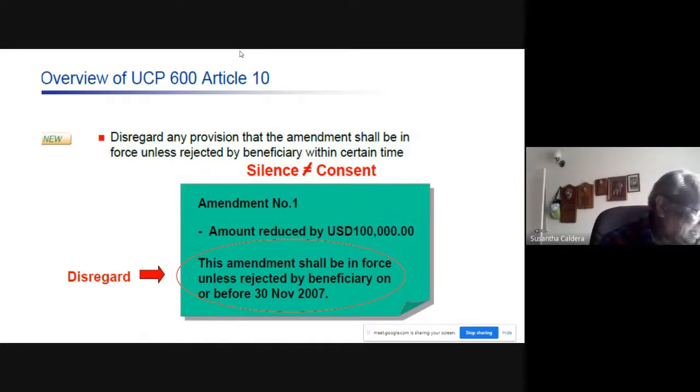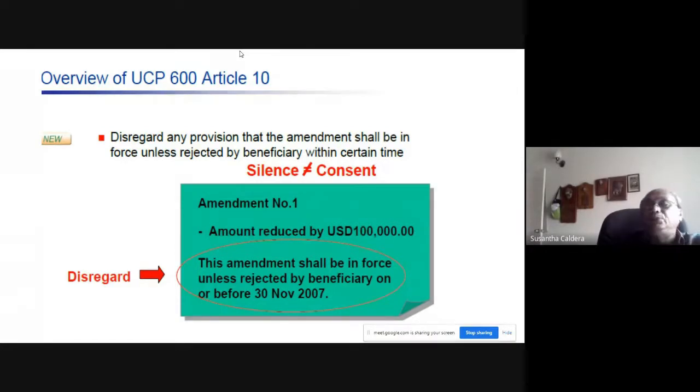In other words, an amendment should not incorporate any conditions that imply that it will be automatically accepted or rejected in the event that the beneficiary does not provide a notification of acceptance or rejection within a specified period. Right?